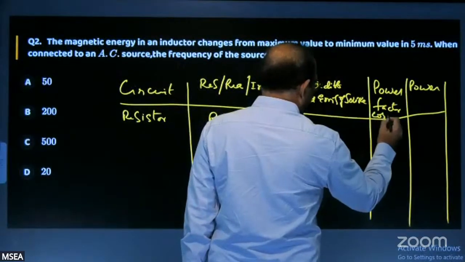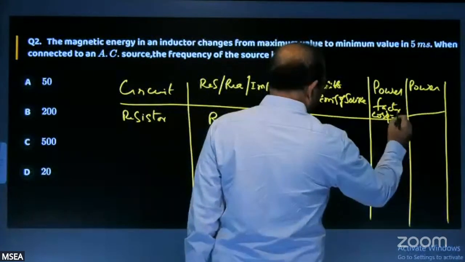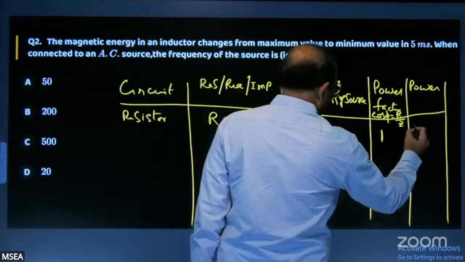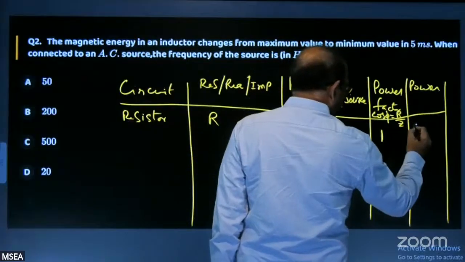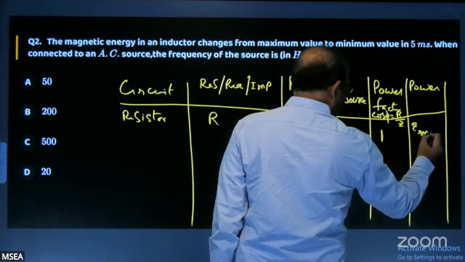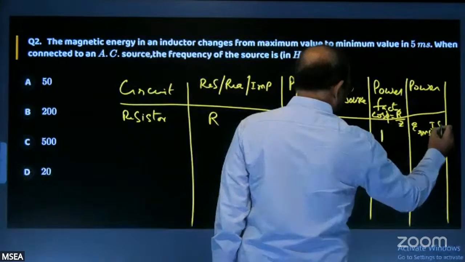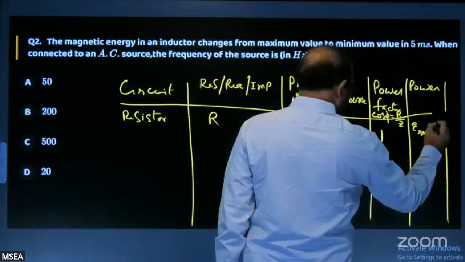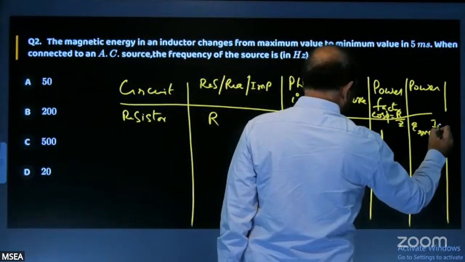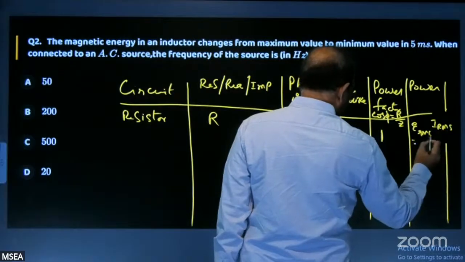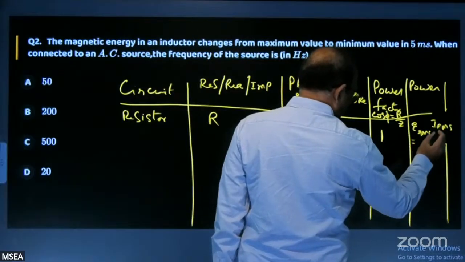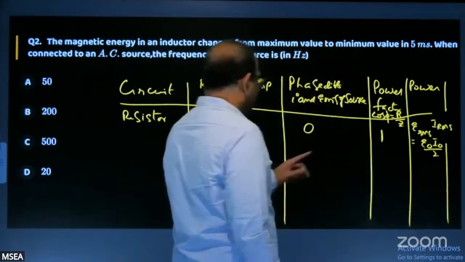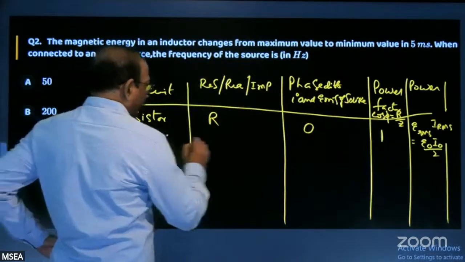Power factor means the cos phi value, that is R by Z. Power is ERMS into IRMS, which is also E naught by root 2 times I naught by root 2, so you get E naught I naught by 2. This is for the pure resistor circuit.